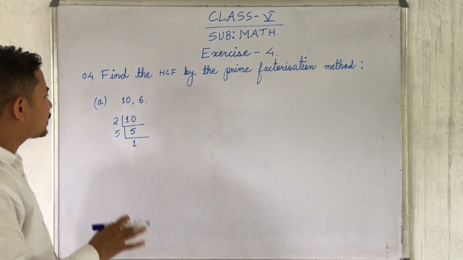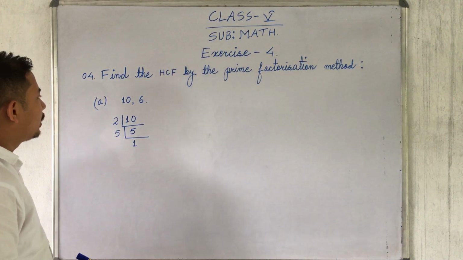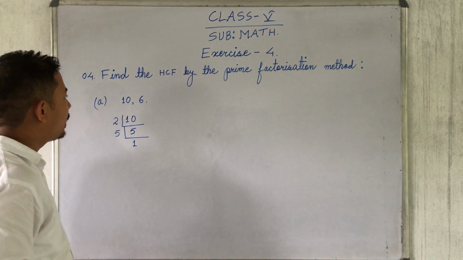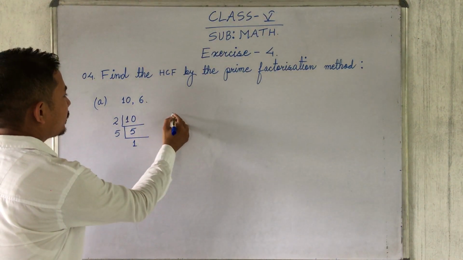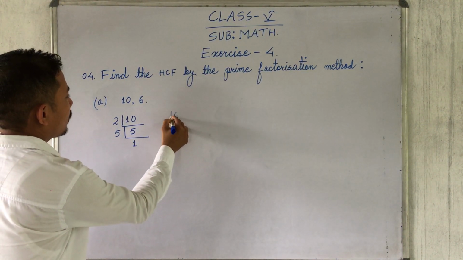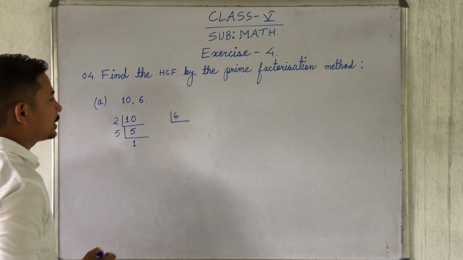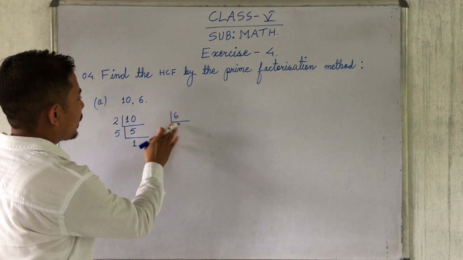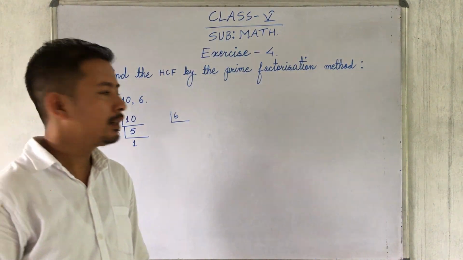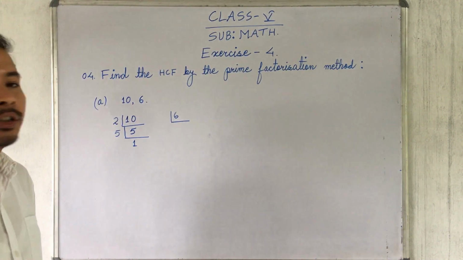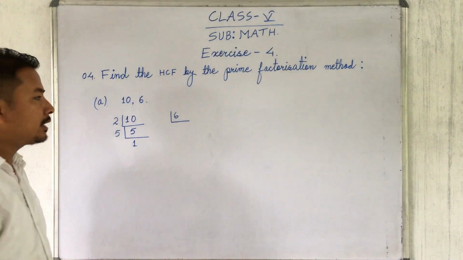Understood? It's very easy. Now, in the same way, we have to find out the factors of 6 also. So right here, this 6. What will be the factors of 6? First of all, we are going to divide by 2, because 6 is divisible by 2, right? 3 times 2 is 6.